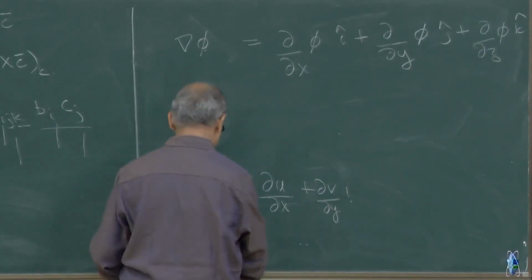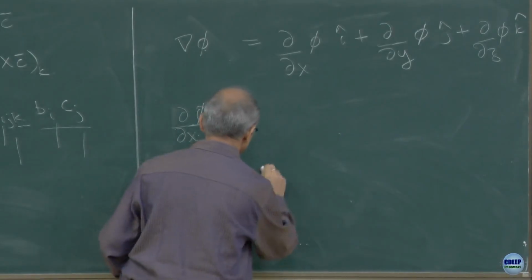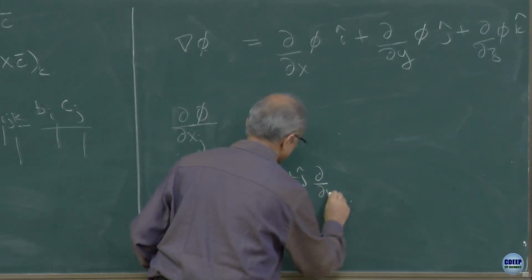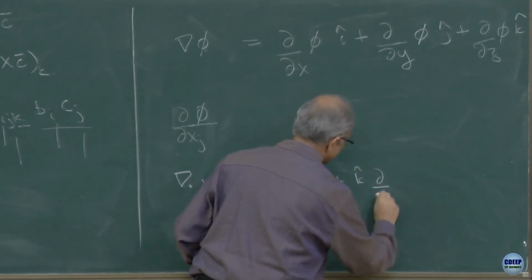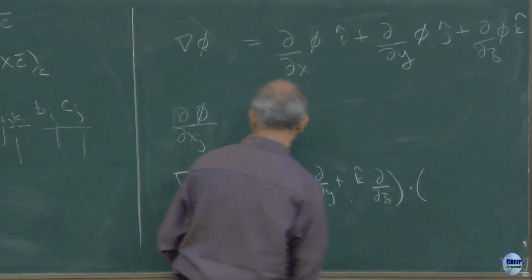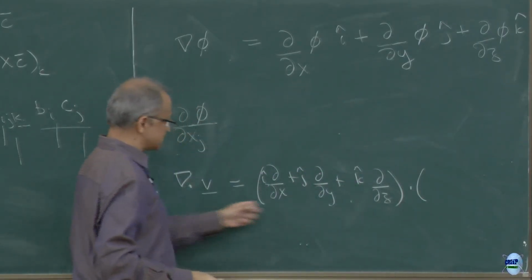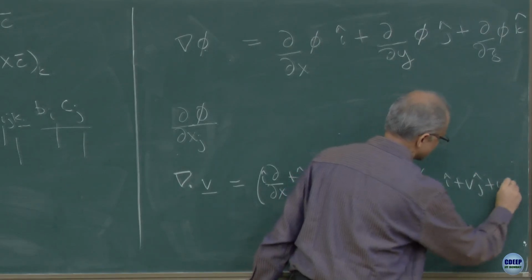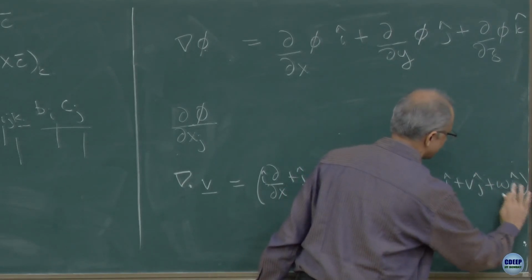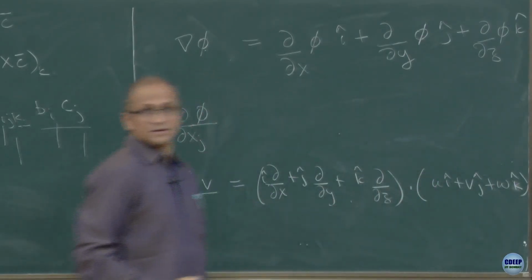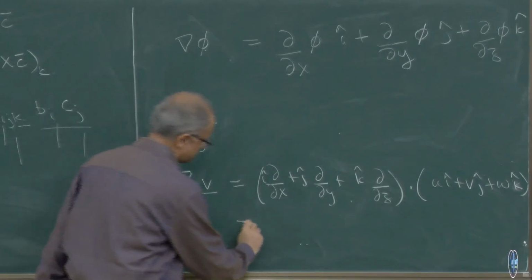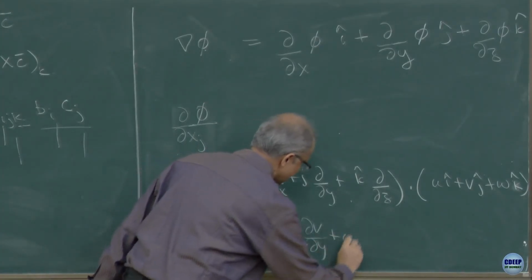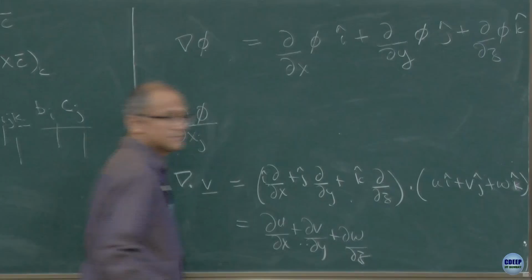Or if you want to write it out in 2 steps, it is essentially like i dou by dou x plus j dou by dou y plus k dou by dou z, dotted with... So this is my first operator, as we have seen here, and it is operating on ui plus vj plus wk. Right? So this is what I get.